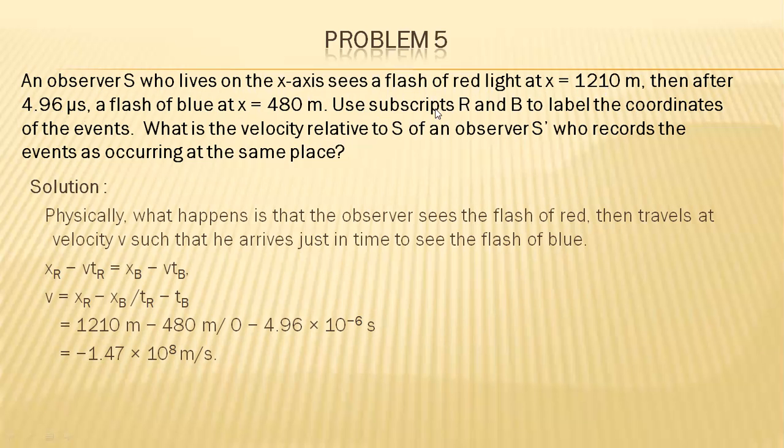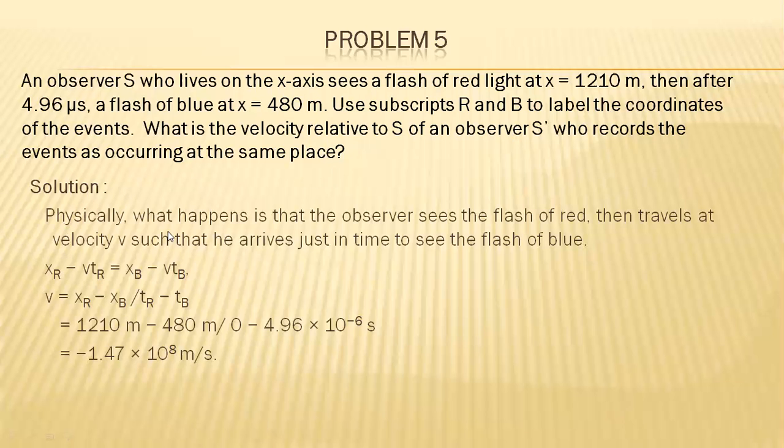Here you have to use subscripts R and B to label the coordinates of the events, R for red, B for blue. What is the velocity relative to S of an observer S' who records the events as occurring at the same place?